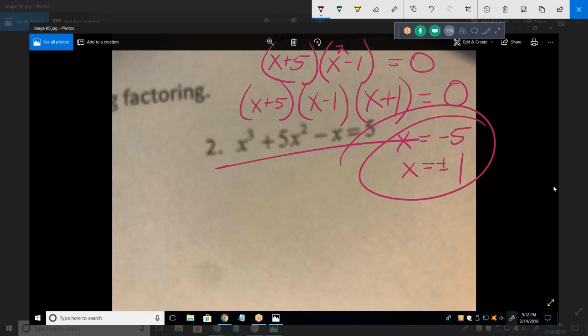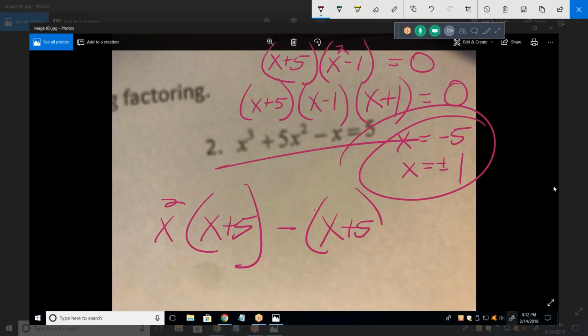And just as a check, this is what we had. You will know you've made a mistake if that's not the same as that. In other words, if this says x minus 5, and that's the most likely mistake you can make, right? That's what you wanted to do originally.